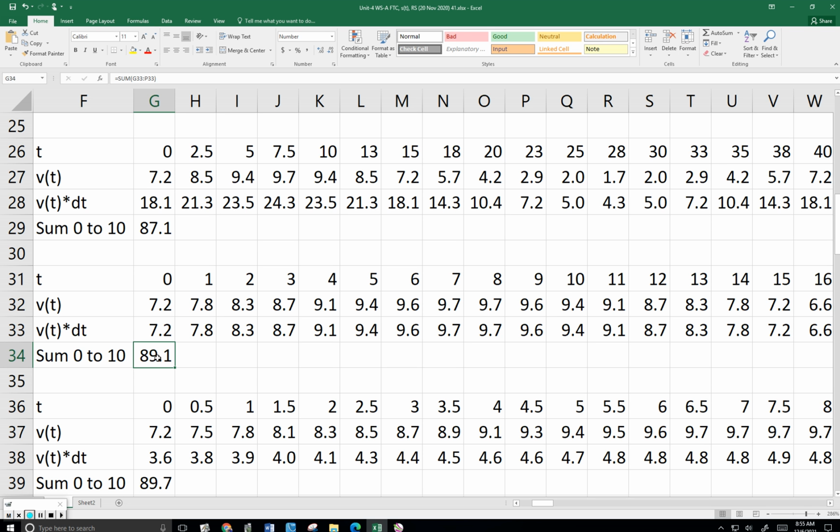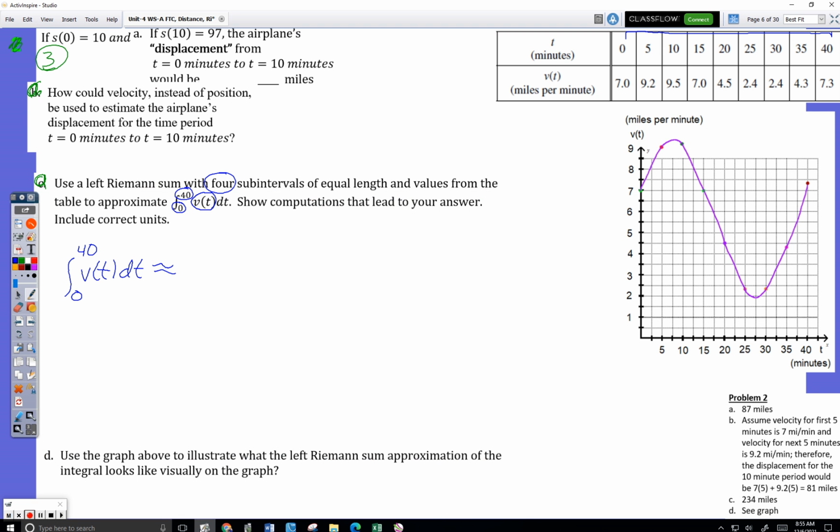Was the one where you took the initial velocity and multiplied it by 10, even though you only did it once, a Riemann sum? Yep. Here's the key: this is an integral. Look what's happening. You all did this when I said, are you comfortable that you can take a rate and multiply by a duration of time and find an amount?